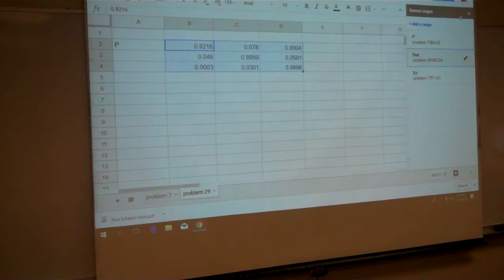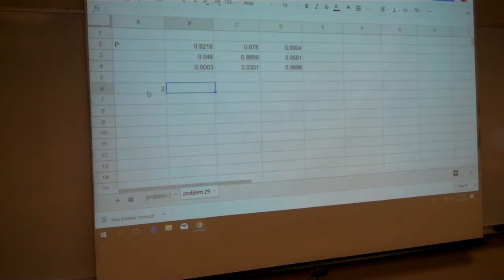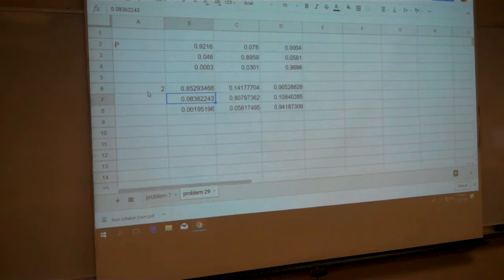Alright, so we got something called P. So this will be P squared, equals matrix multiplication, P times P. And the third generation, which is 1 plus the previous generation, is just MMULT of the previous generation times P.